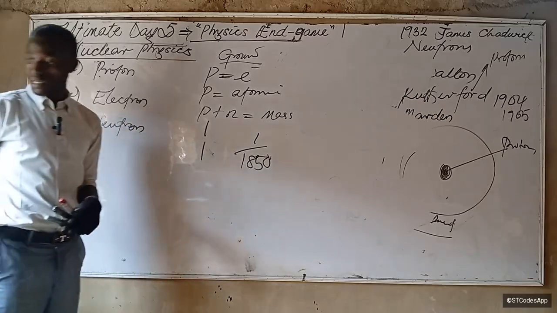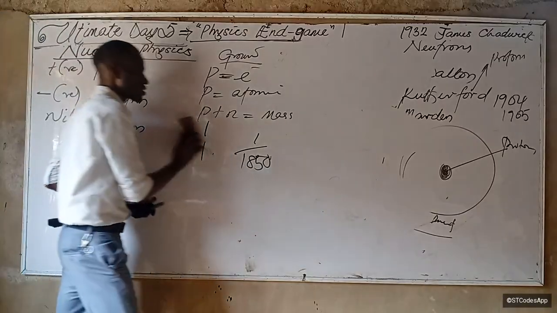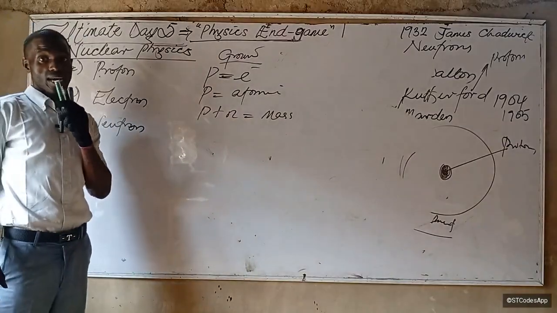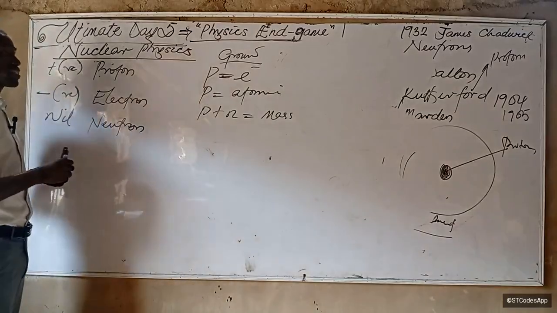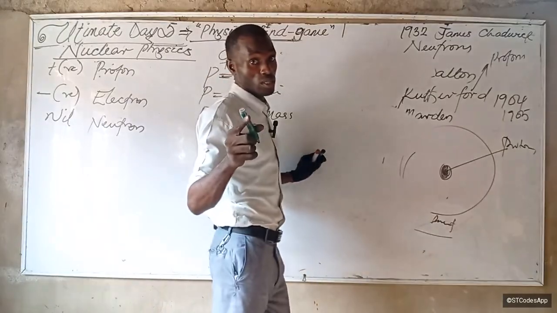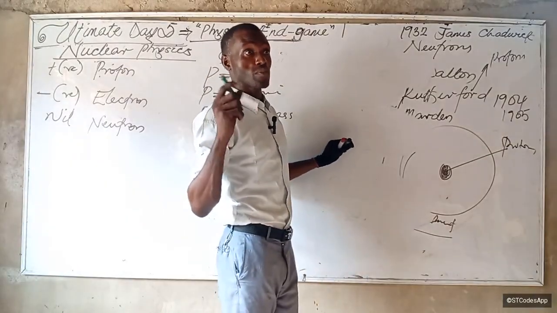Do we remember? All right. And this guy, J.J. Thomson, also calculated the charge to mass ratio of the electron. Is that okay? Just the charge to mass ratio.